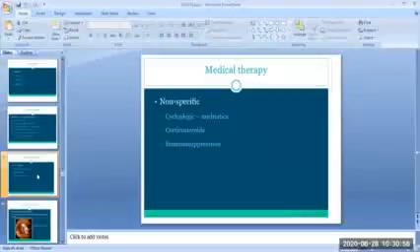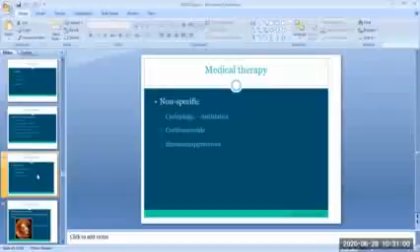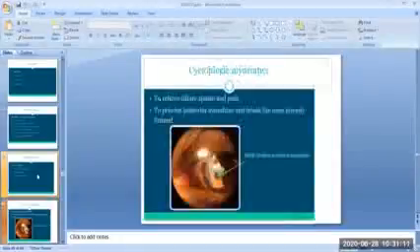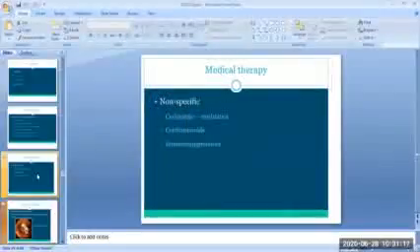The second are the corticosteroids, and third are the immunosuppressive drugs. These are the non-specific systemic treatments, immunosuppressives. Then cycloplegic mydriatics, which is a local therapy under the non-specific treatment.